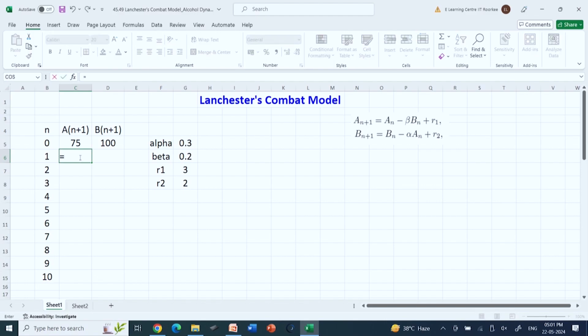This is equal to An, which is this, minus beta multiplied by Bn, which is 100, and beta is a constant, plus R1, again a constant.